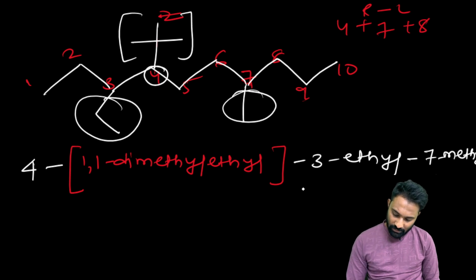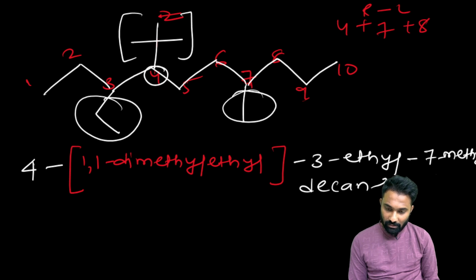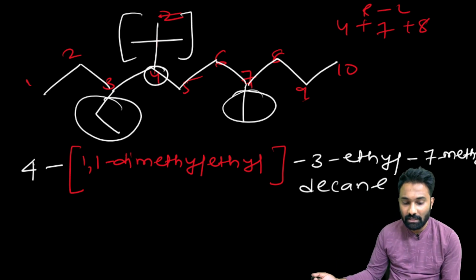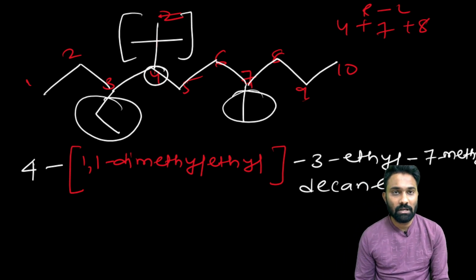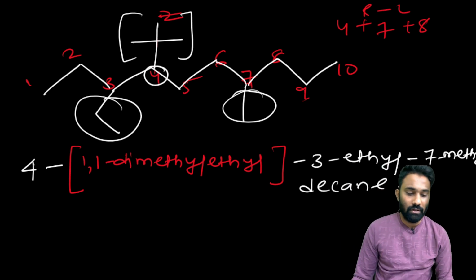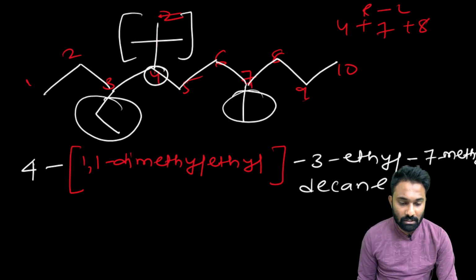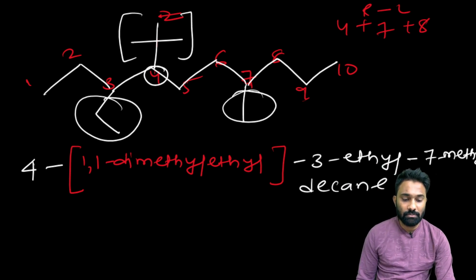Parent carbon chain, how many? 10, right? Then decane. Clear? In this manner you have to write the name of a molecule with a complex substituent, if they have given one.